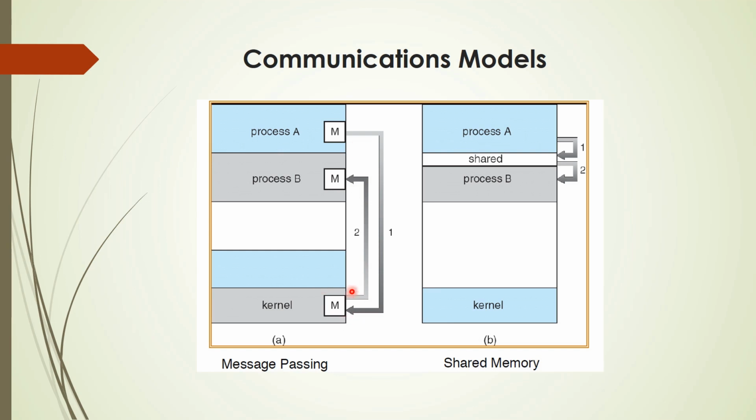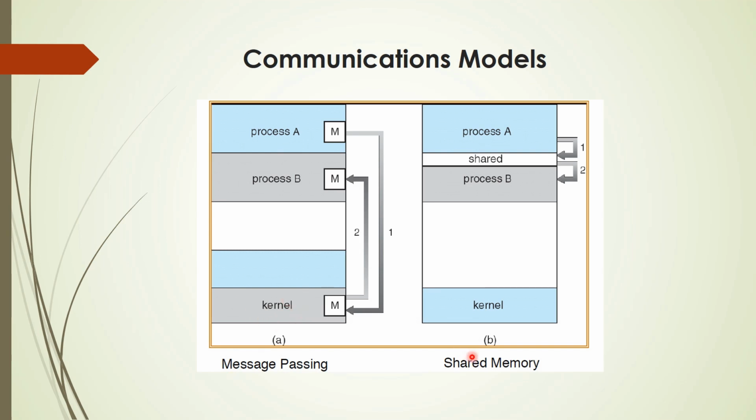So if process A wants to send information or a message to process B, it has to take the help of the kernel to send the message with the help of send and receive system calls. So the message passing system is a little slower because of the intervention of the kernel.